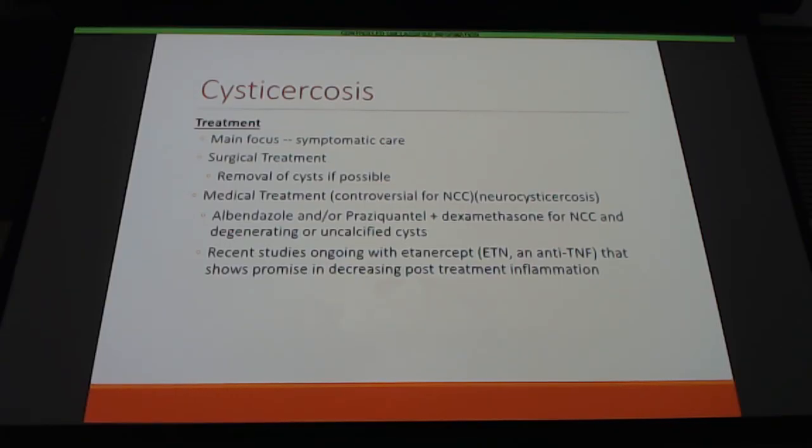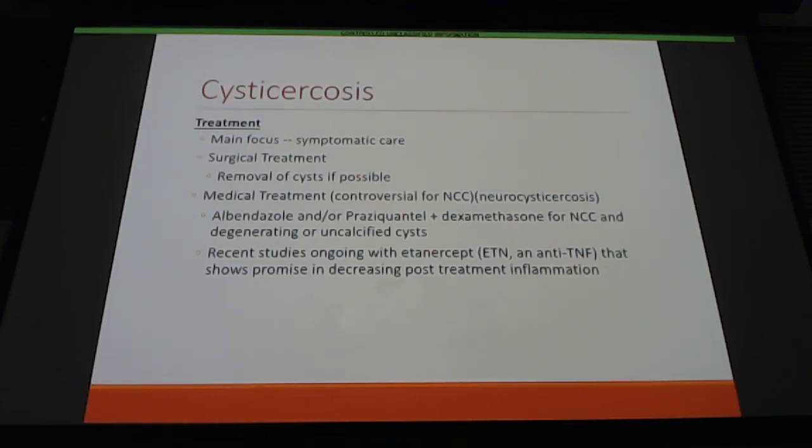Now, albendazole is the main source, and it'll be albendazole and dexamethasone. That's what you're going to treat with. Again, lots of ands, ifs, or buts. But usually it'll be albendazole and dexamethasone. But in some cases, it'll be albendazole, praziquantel, and dexamethasone.